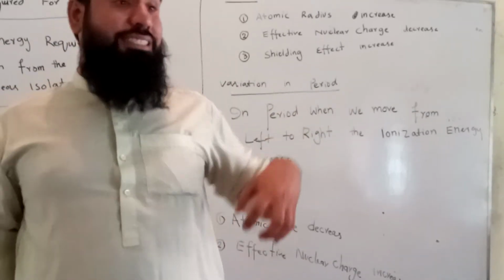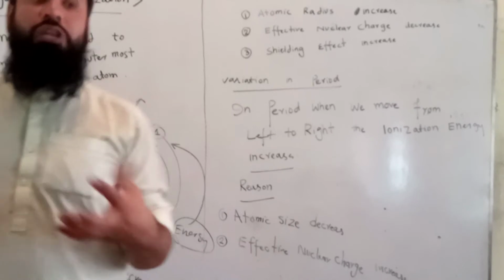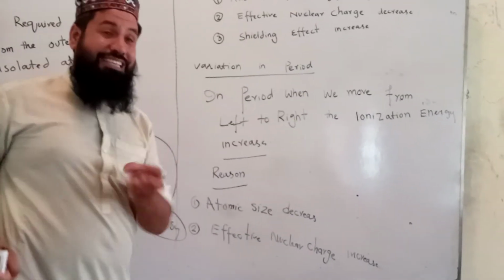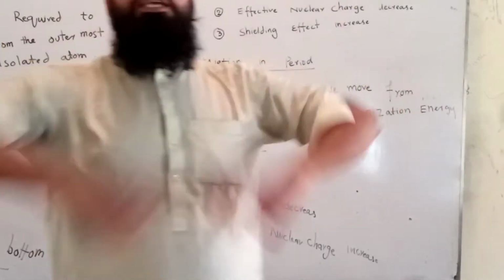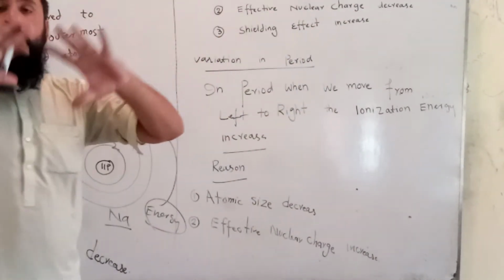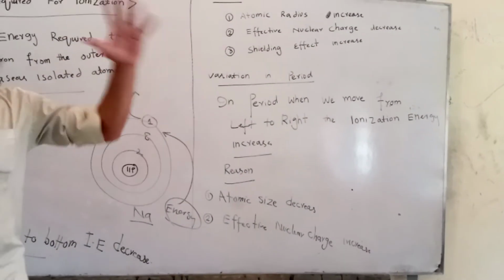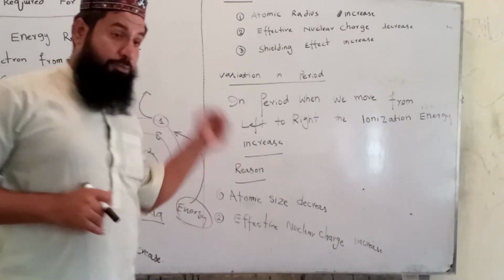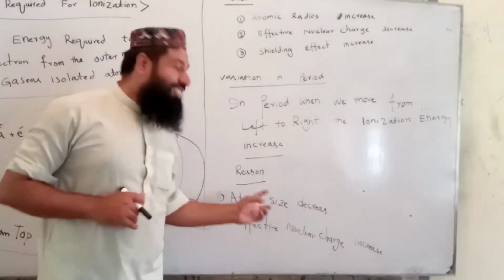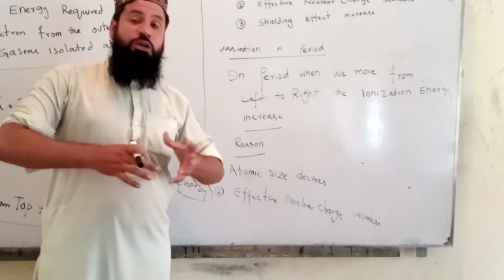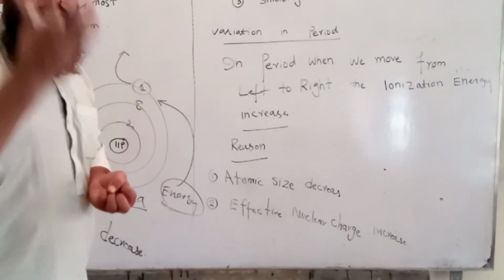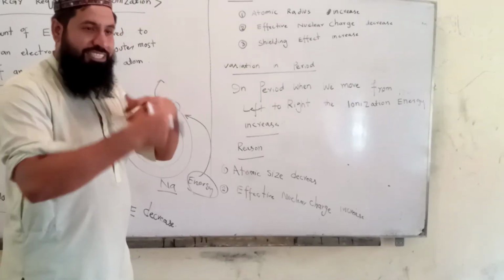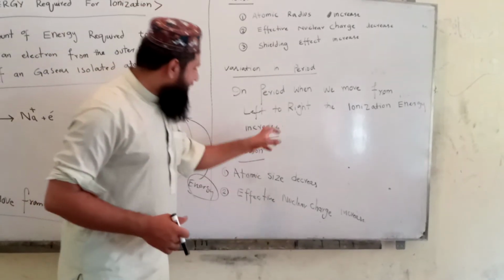When the size squeezes, the nuclear hold on the outermost electrons increases, so that electron requires more energy to be eliminated, to be removed, to escape from the atom. So when the atomic size decreases, more energy is required, so ionization energy increases.